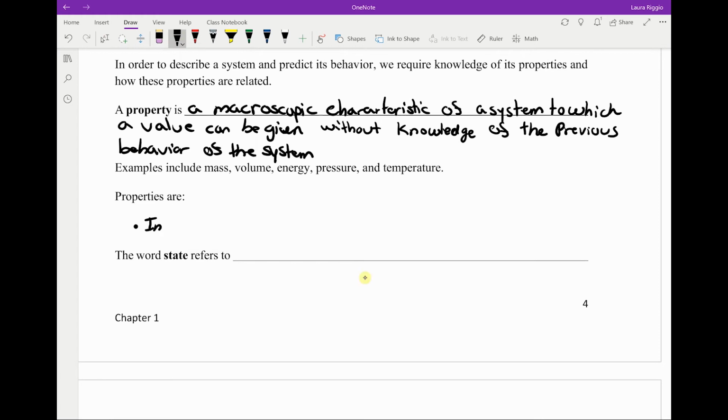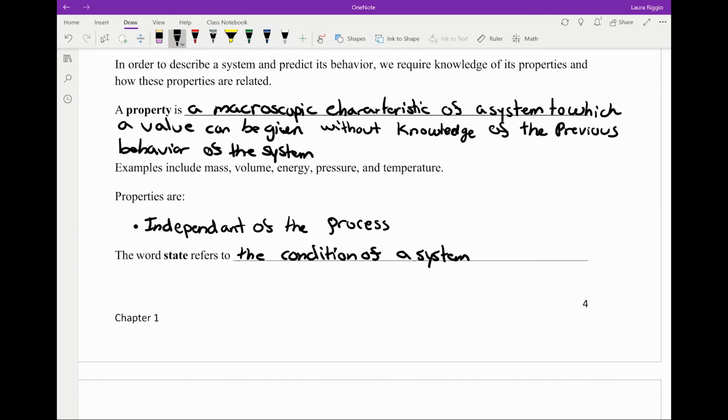Properties are independent of the process, which means they don't depend on how you got from one state to another. And by state, I mean the state refers to the condition of a system as described by its properties.